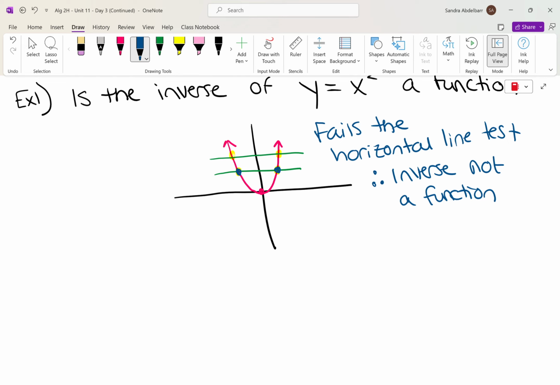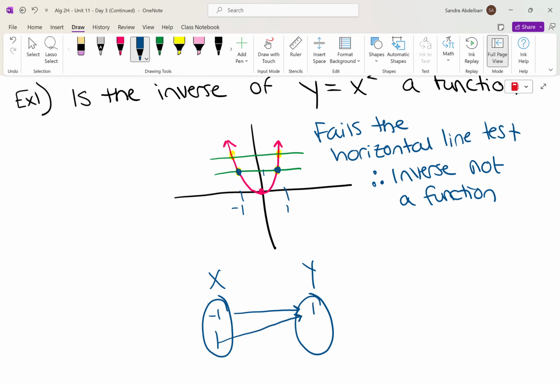Okay, and the other way we look at it is every y has exactly one x. If you look at the points over here, let's say this is -1, +1, 1. Here are my x coordinates, here's my y coordinates.